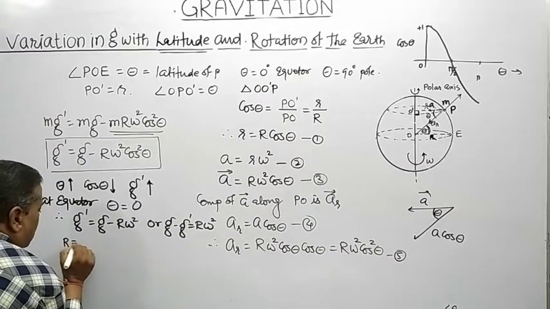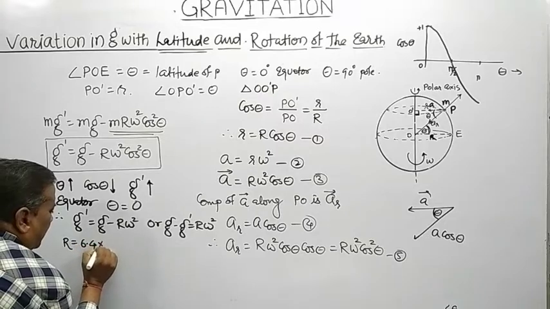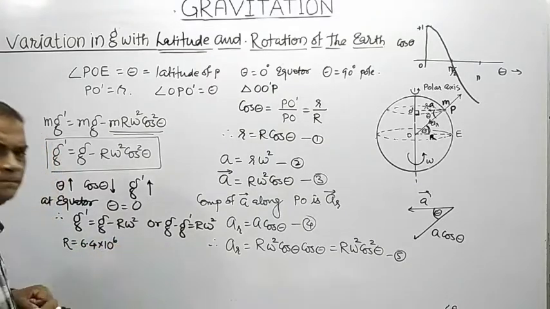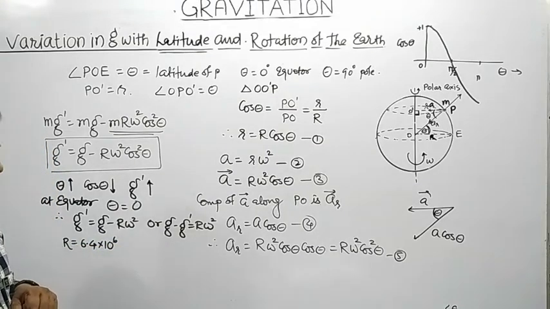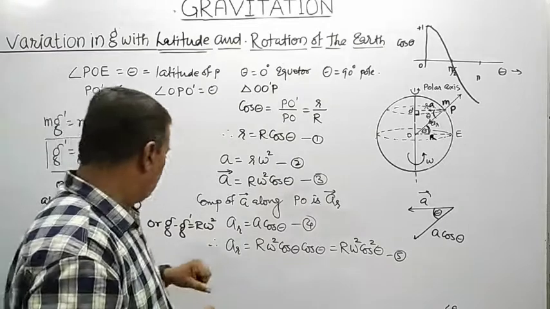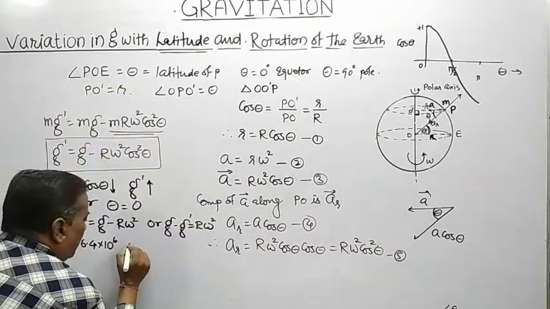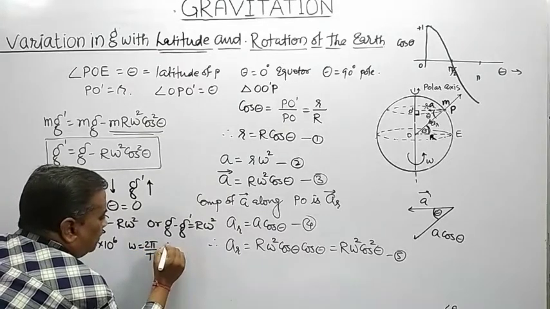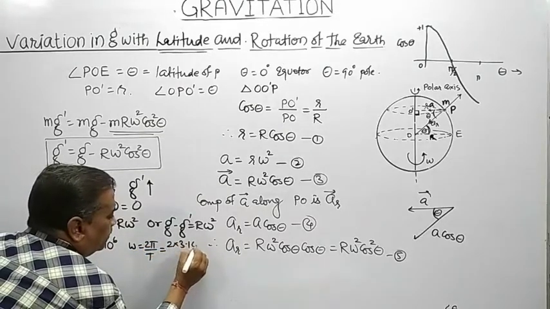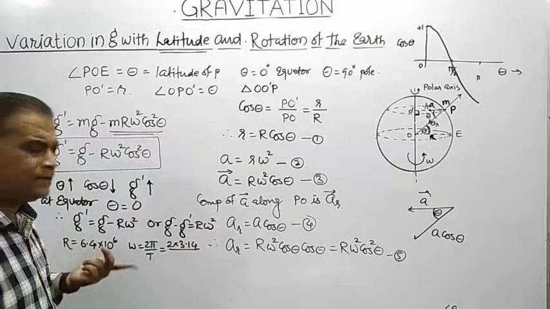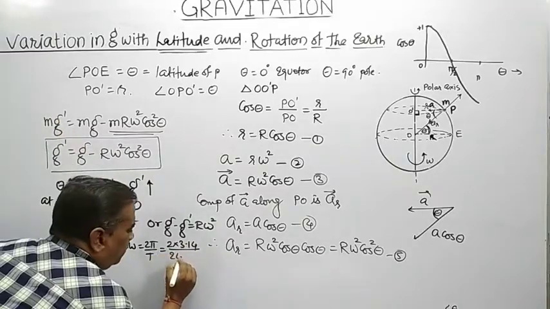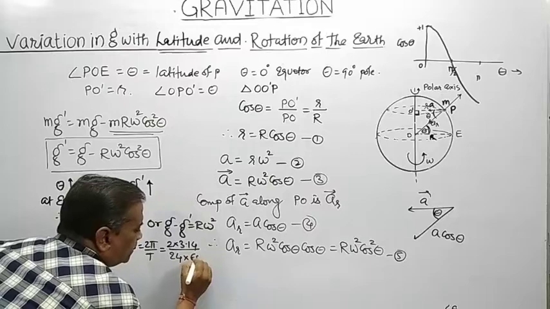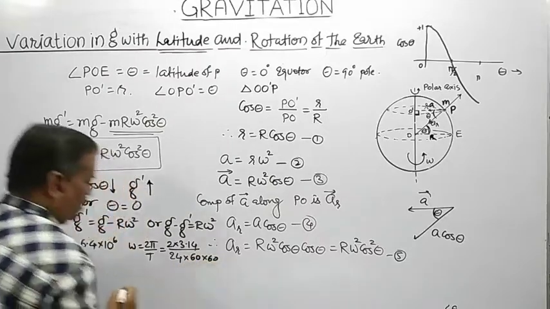We know the radius of Earth is 6.4 into 10 to the power 6. We know that omega is equal to 2 pi by T, that is 2 into 3.14 divided by, what is the time period of Earth? 24 hours, that is 24 into 60 into 60.